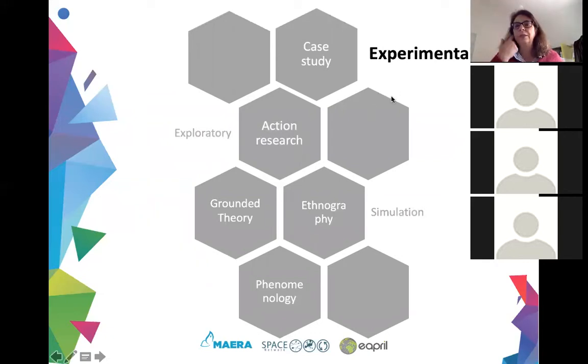Let's start with the experimental research design. In this kind of research design, the studies are mostly about cause and effect. And the objective, when we use this kind of design, is to prove that there is a causal relationship between one factor and one observed result.